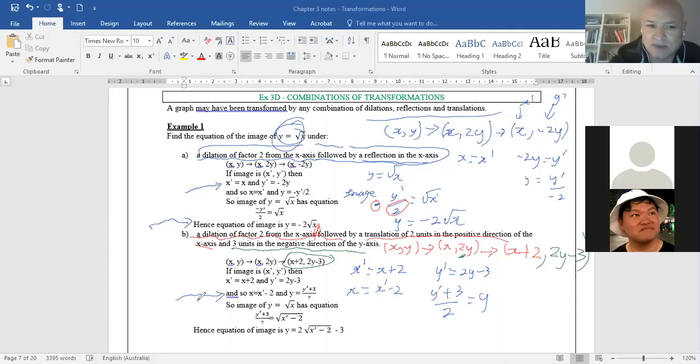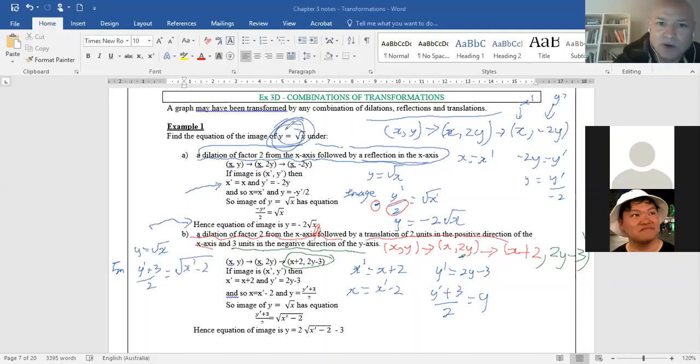And now I'm going to substitute it in. I'll just remove this part and do it on there. So my y equals the square root of x, its image is going to be y dash plus 3 all over 2 equals the square root of x dash minus 2.